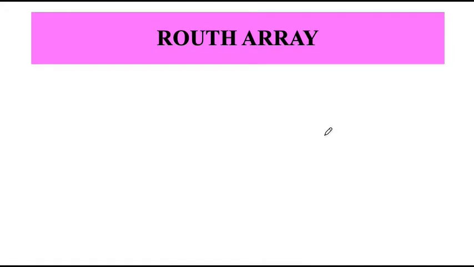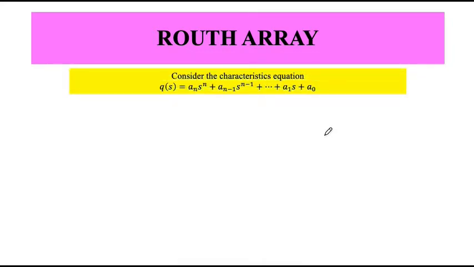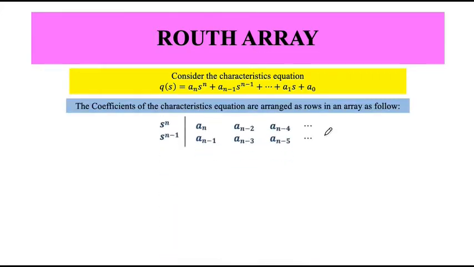We will read the statement once and see how the array goes. I have a characteristic equation, and I just write it into an array. I start with s power n and take the coefficient a n. Then s power n minus 1, and I take the coefficient a n minus 1 and put it here.